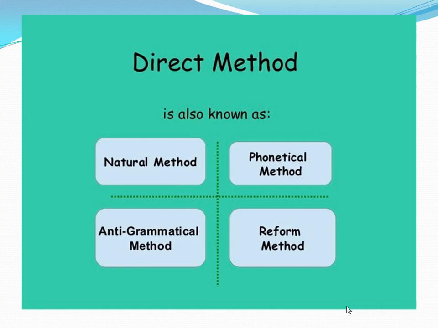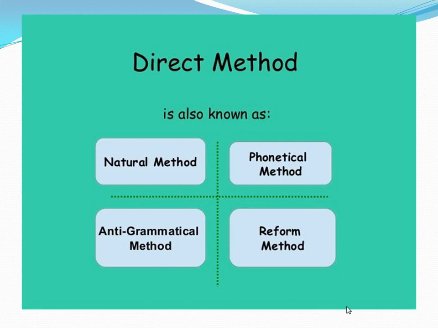It is an anti-grammatical method. It does not mean there is no grammar over here, not in that sense. Without grammar, language cannot be learned and taught, isn't it? However, grammar is less important there.